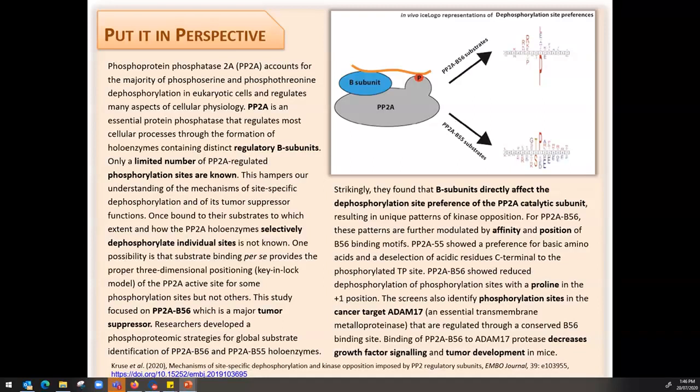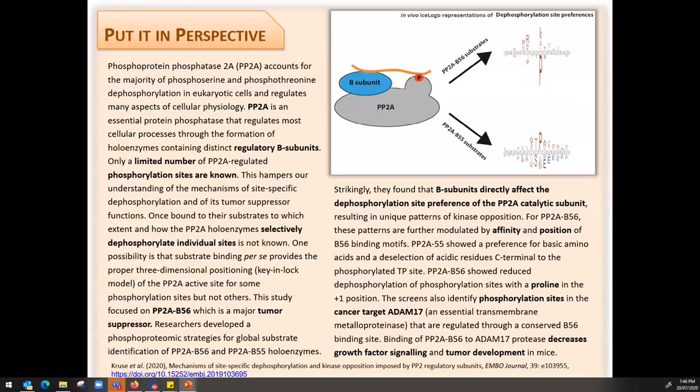They looked at the global substrate identification of these holoenzymes as a strategy to identify these interactions. What they found was that the B subunits directly affect the dephosphorylation site preference of the PP2A catalytic subunit.